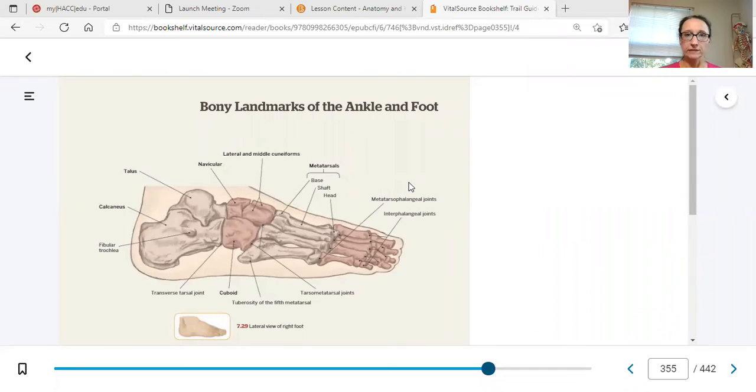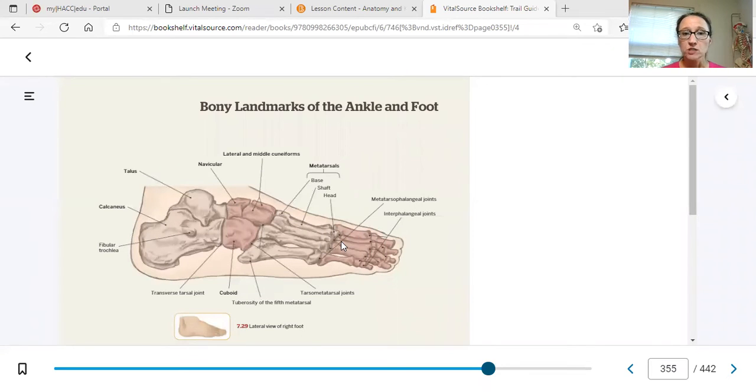We also have joints in between our toes and our tarsals and our metatarsals. So in between the bones of the toes, these phalanges, we have interphalangeal joints, right? They're in between, so it's interphalangeal, in between the phalanges.